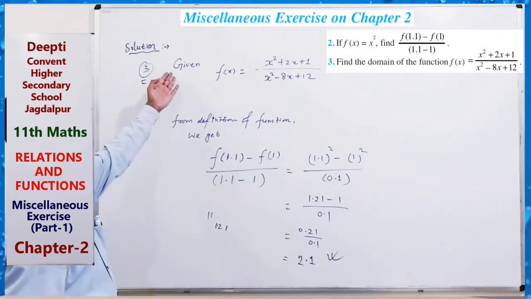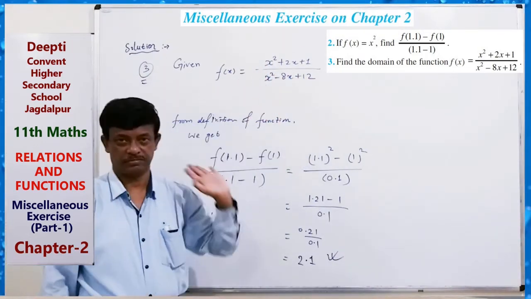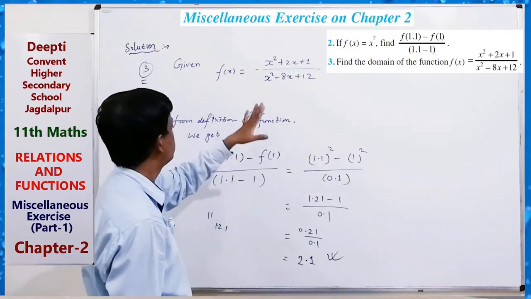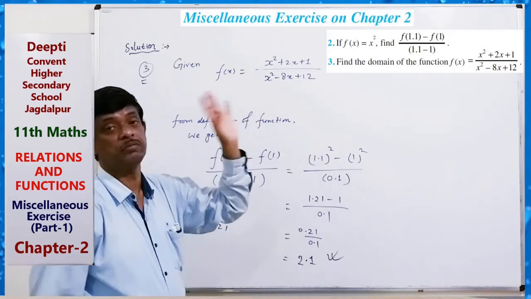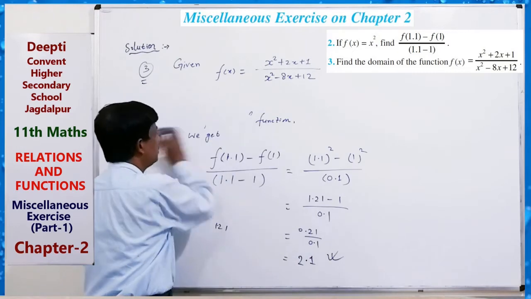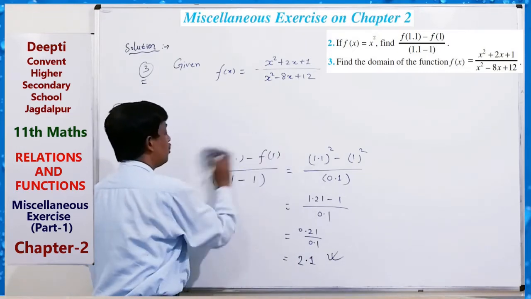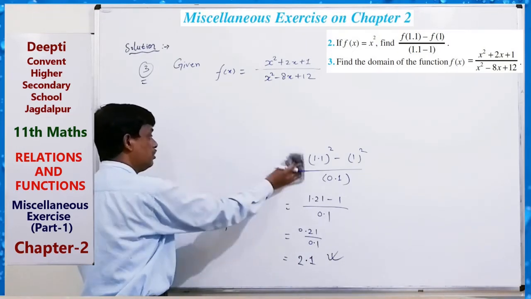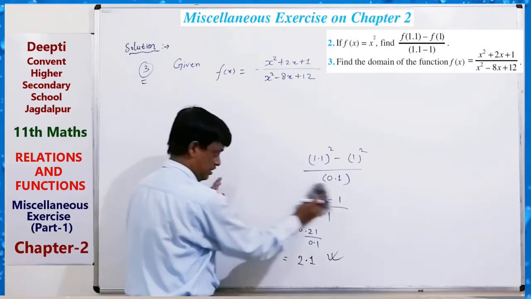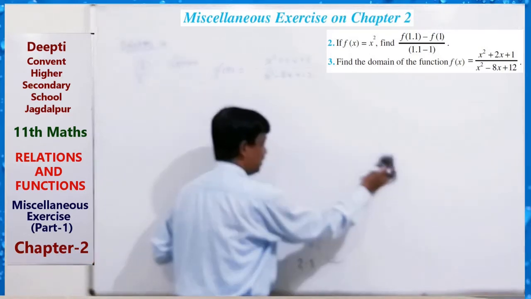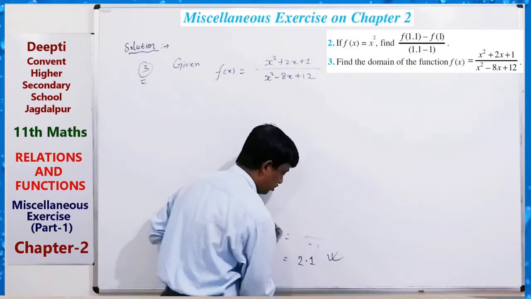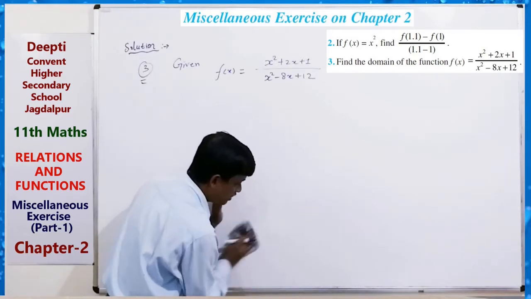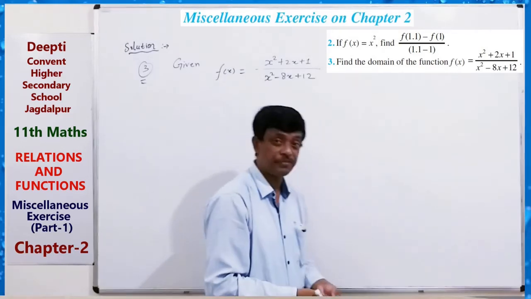Clear? Given fx equal to this, and we have to find the domain of this function. Domain means what? Domain contains all those values of x for which fx is defined. Domain contains all those elements of x for which the function is defined.